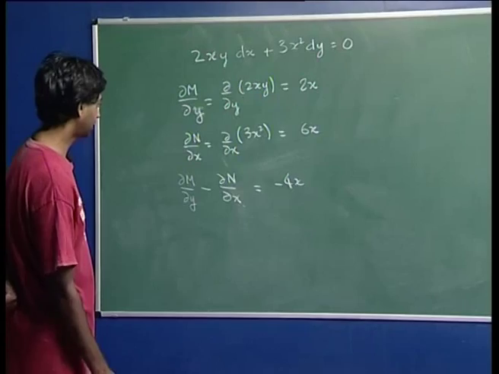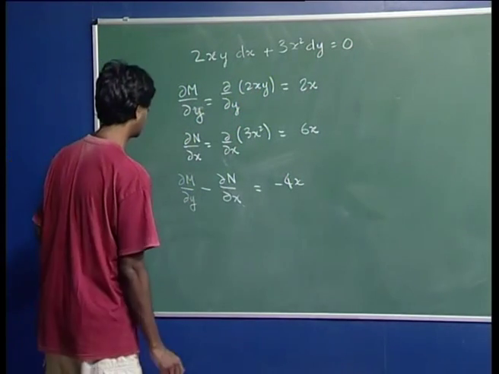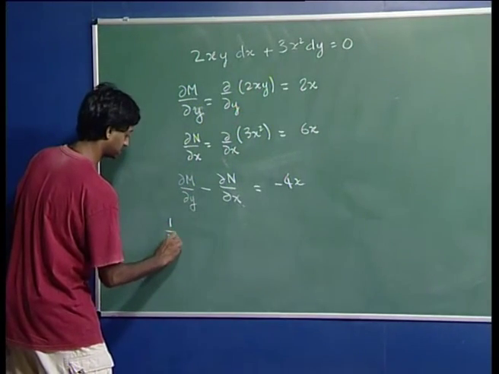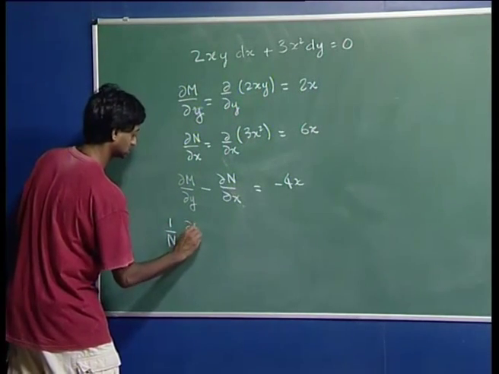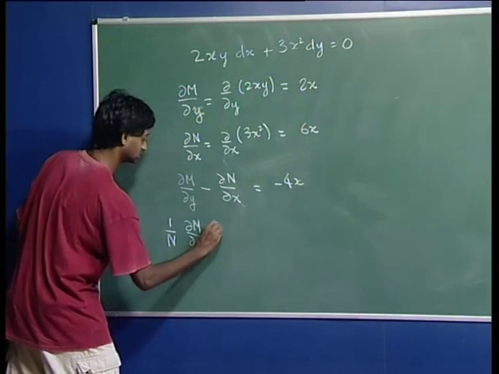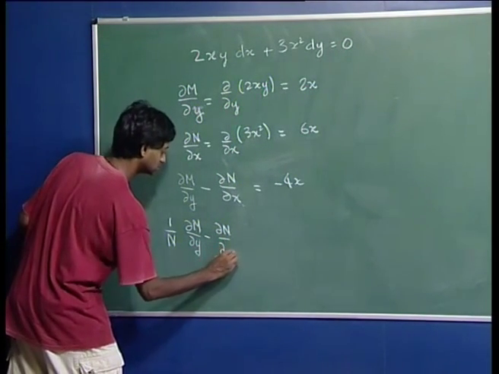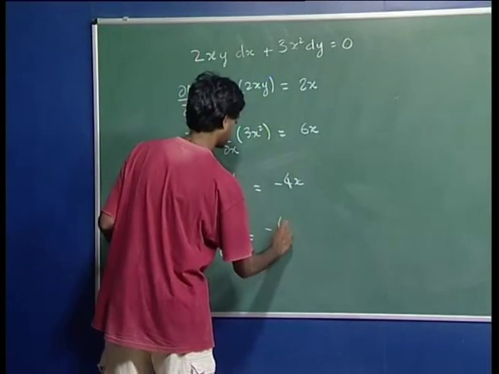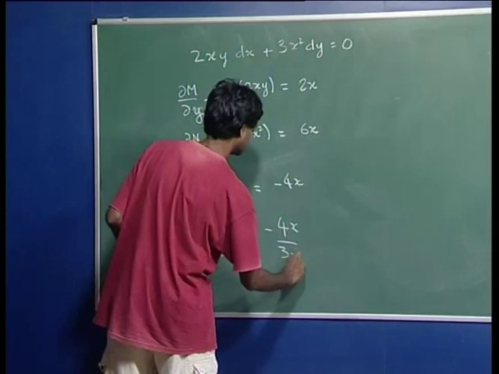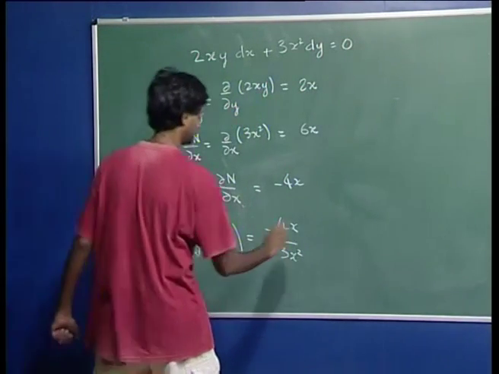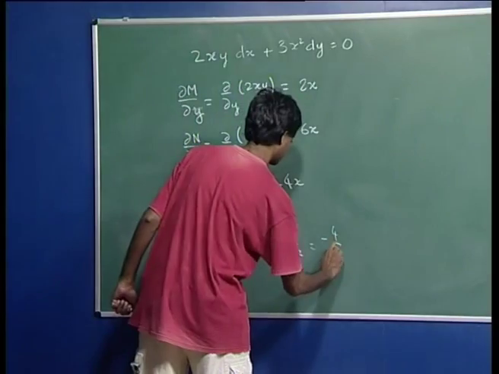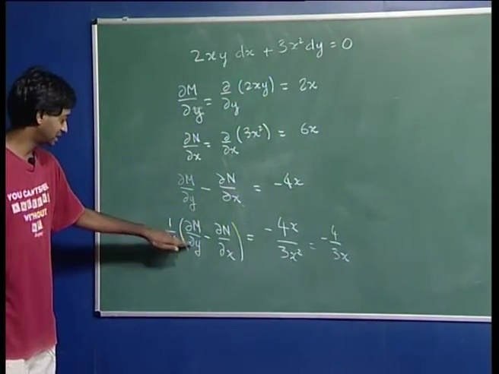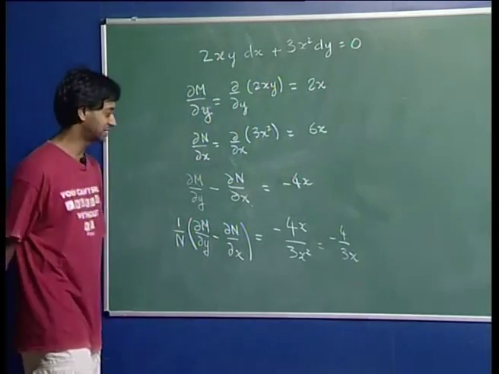Okay. Now, if I divide this by n, so if I now look at 1 over n times dou m by dou y minus dou n by dou x, that is equal to minus 4x by 3 x square, okay, is equal to minus 4 by 3 x, and it is independent of y. So, 1 over n dou m by dou y minus dou n by dou x is independent of y.